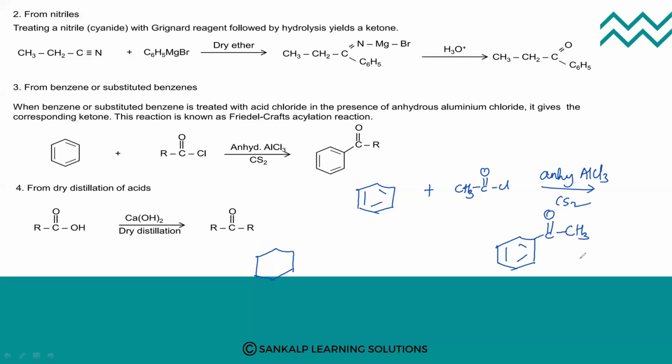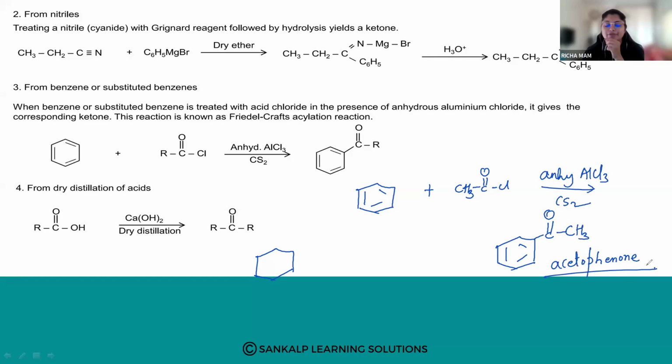What is the name of the compound? Acetophenone. We are reacting benzene with acetyl chloride in the presence of anhydrous aluminum chloride and CS2, and we get acetophenone.